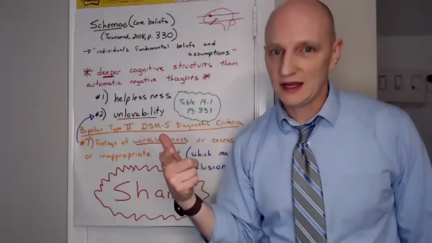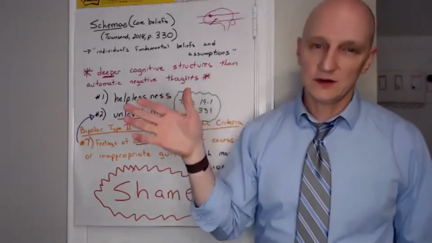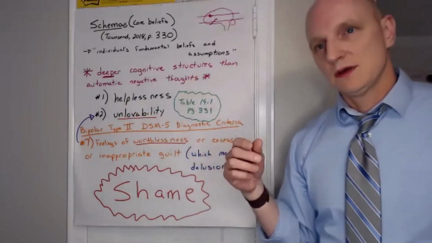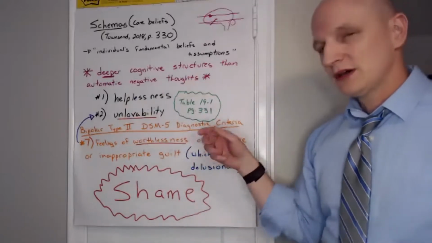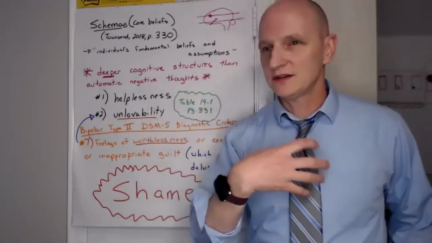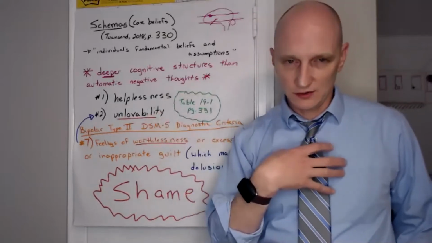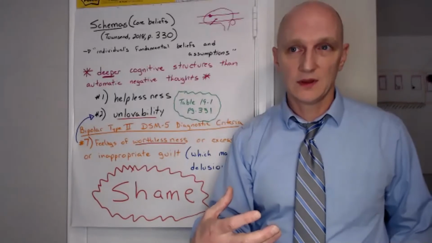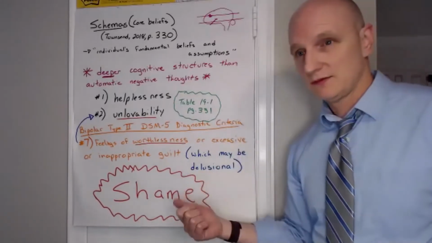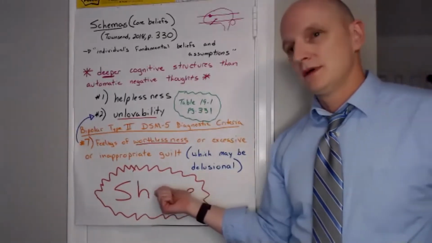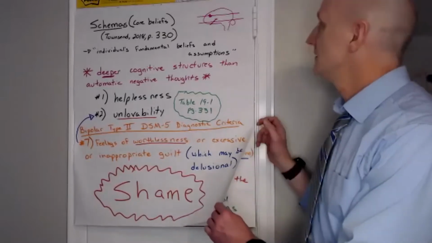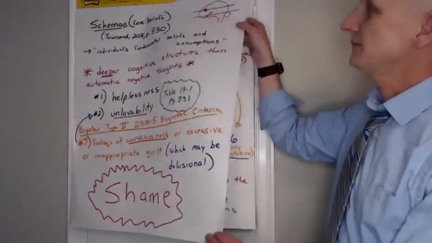Then you apologize, and the feeling goes away. Maybe they accept your apology. So guilt is not a reflection on your very internal core of who you are, but shame is. Shame is a permanent state, what we would call a schema.